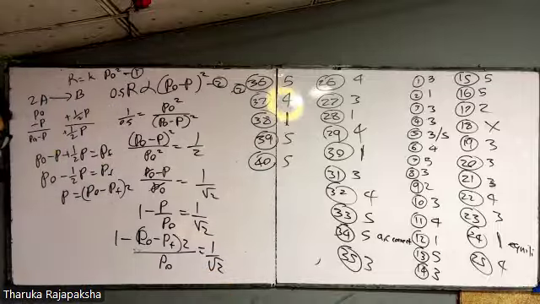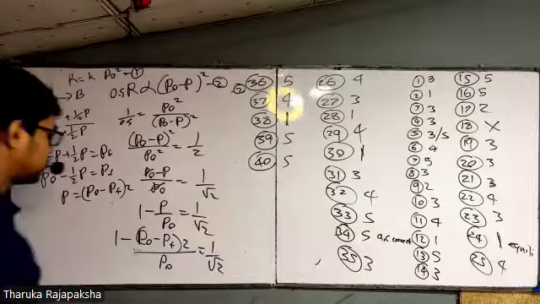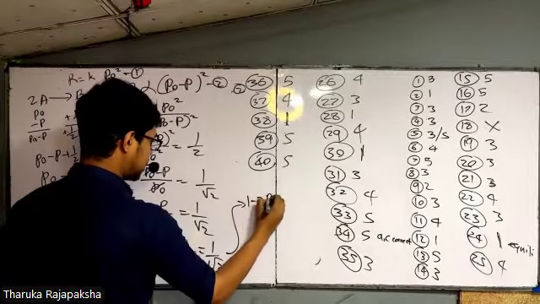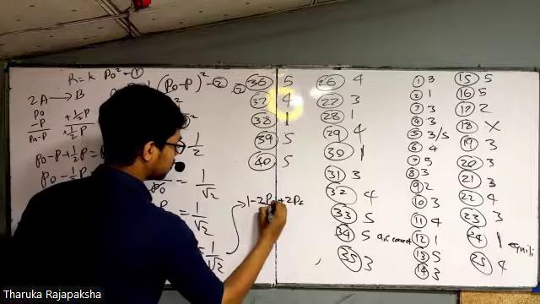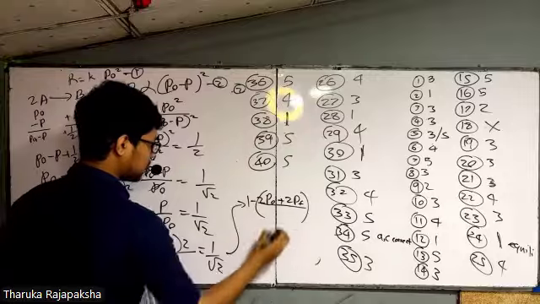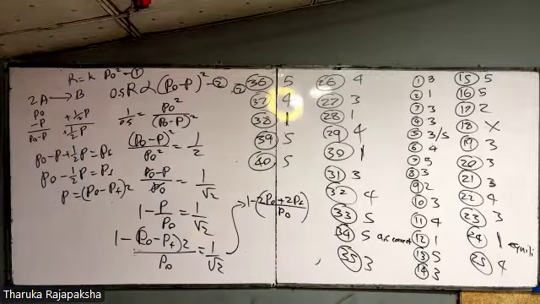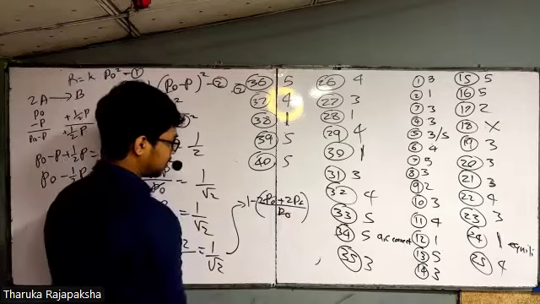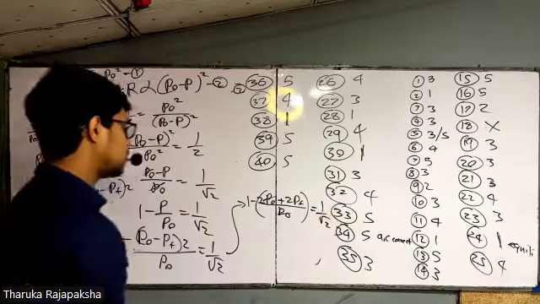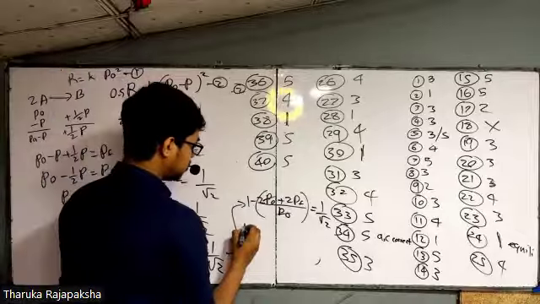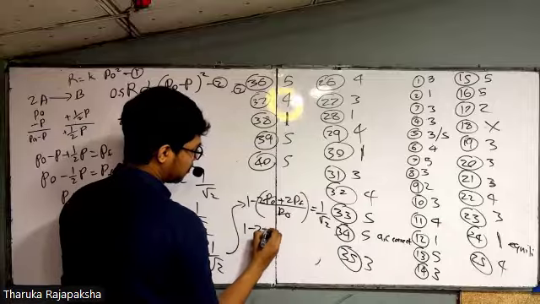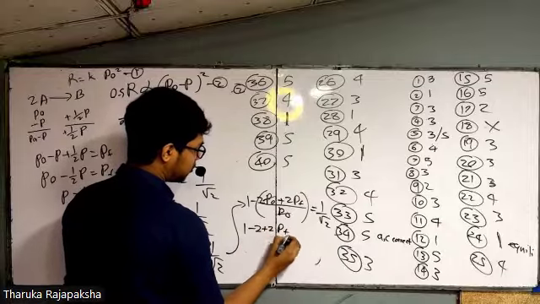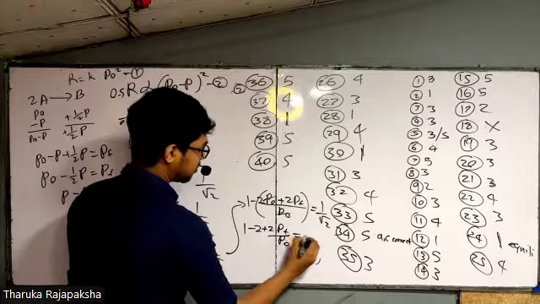Then 1 minus 2P naught plus 2PF. This is how it comes, and the P naught cancels, equal to 1 over root 2. So we get 1 minus 2 plus 2PF over P naught is equal to 1 over root 2.